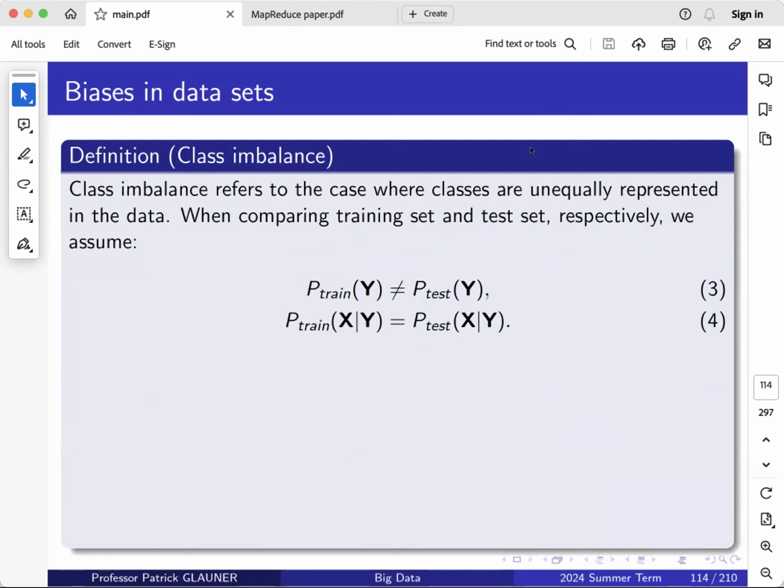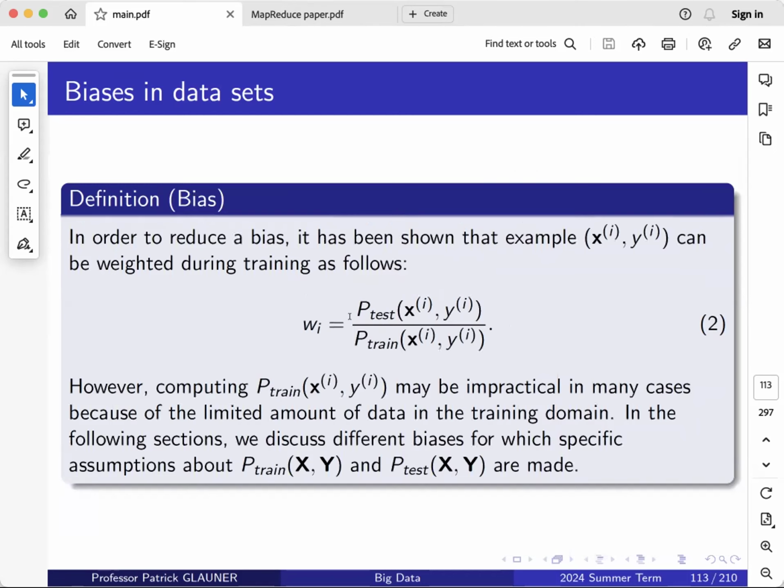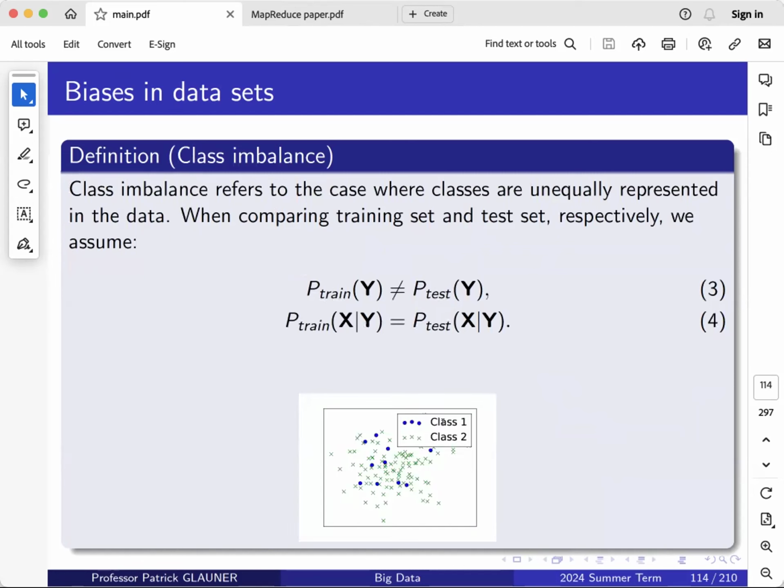One concrete bias that many of you have come across is called class imbalance. Class imbalance means you have, in a classification problem, a different number of examples per class. And we will now describe this in terms of the highly generic framework that we have just built. An example of class imbalance could be a two-dimensional data set with one class and the other class, plotted here.